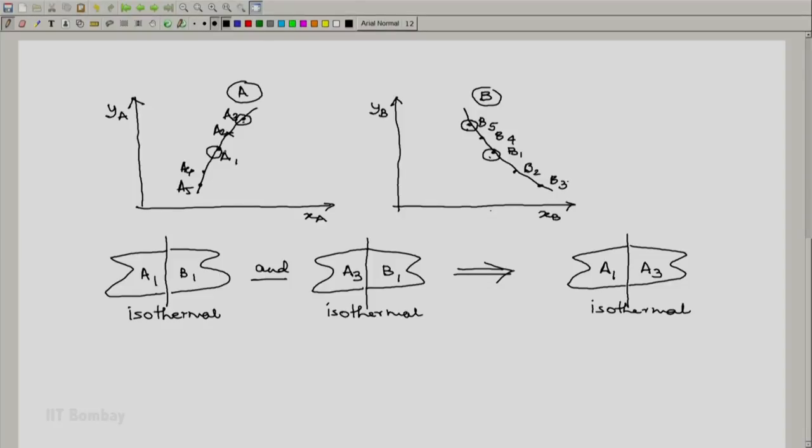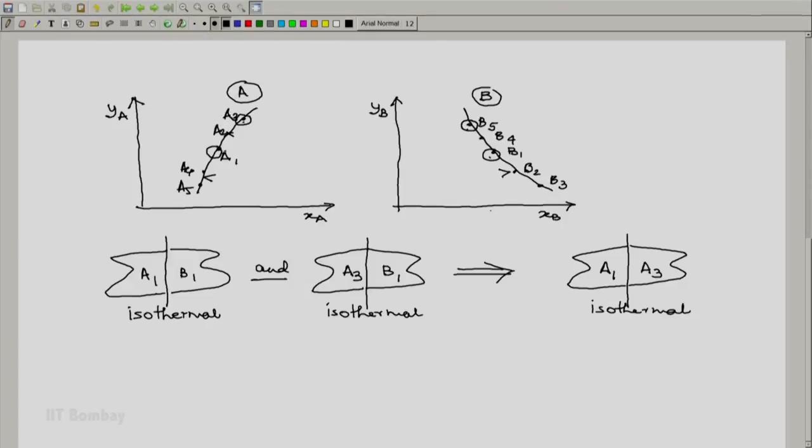It turns out that by extending this, you take any state of A on this isotherm, and any state of B on this isotherm, put all these states together and just pick up any two of them, one of A, one of B, or two of A using a replica of A, or even two of B using a replica of B. All these states in pairs will be isothermal.